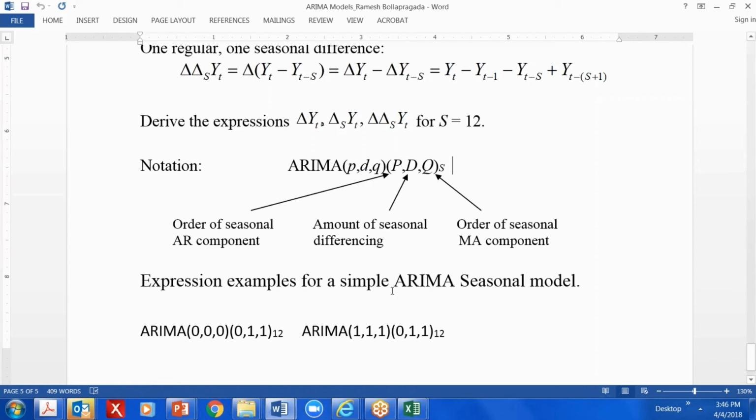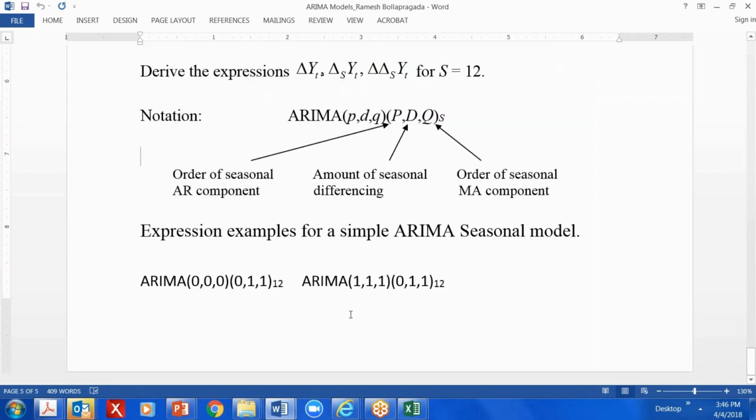To show a simple example of a seasonal ARIMA model, we have it here. These are two simple examples that I just want to put up here. Thank you very much for your time, and I hope you got a good basic tutorial on what ARIMA models are.